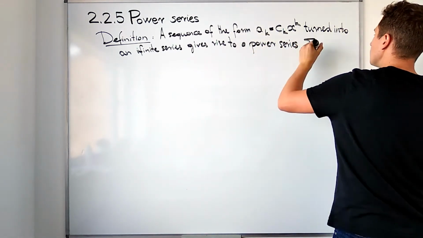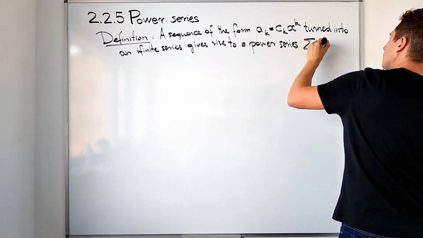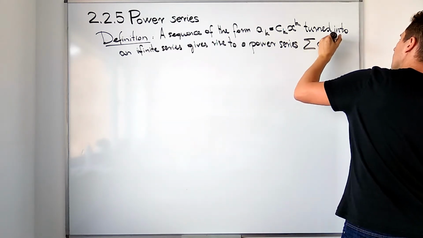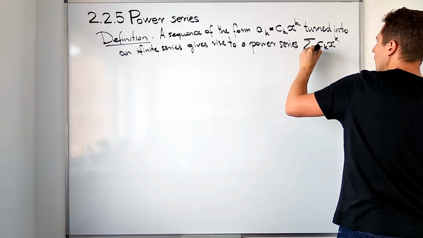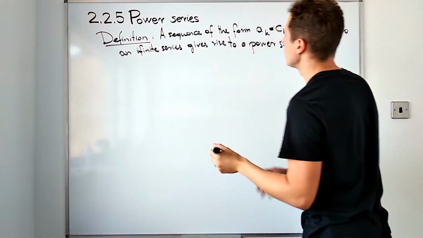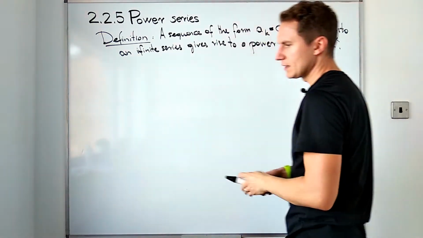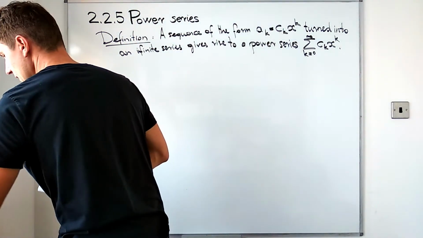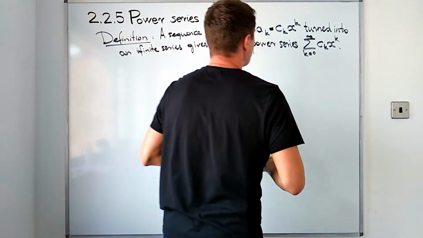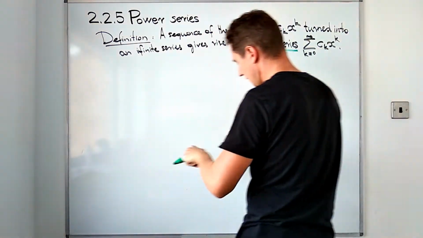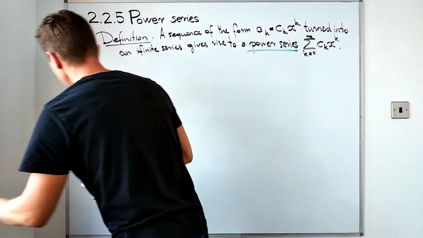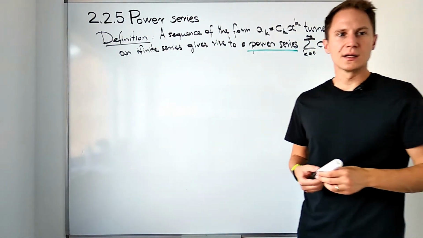We'll just add these terms up to get the sum of c_k times x to the power k, with k going from 0 to infinity or from 1 to infinity. The main point is that we have these powers of x, this auxiliary variable x, appearing in the infinite series. Okay, so this is a power series.